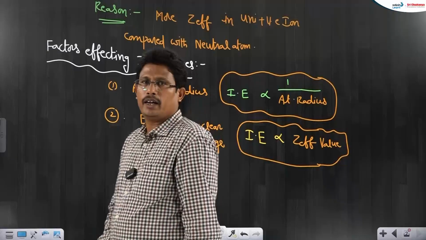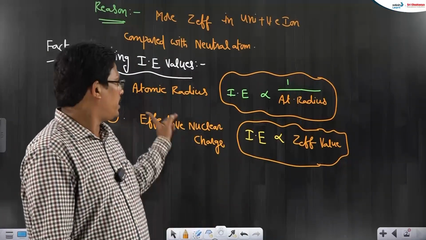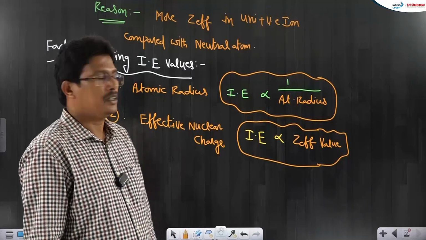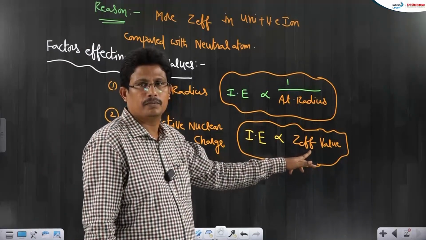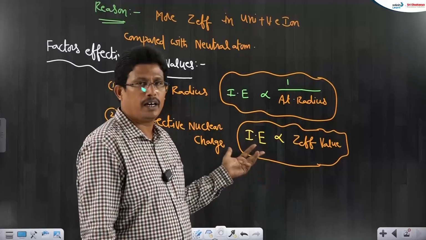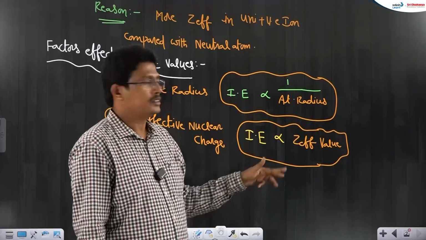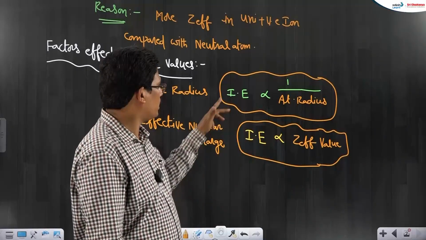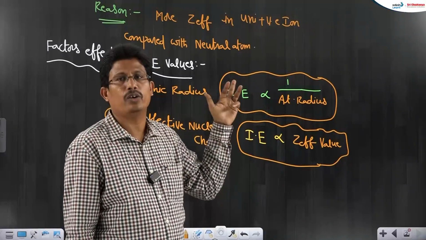Already you know that ionic radius is inversely proportional to Z effective. If Z effective increases, either ionic or atomic radii decrease. If radii decreases, ionization value increases.